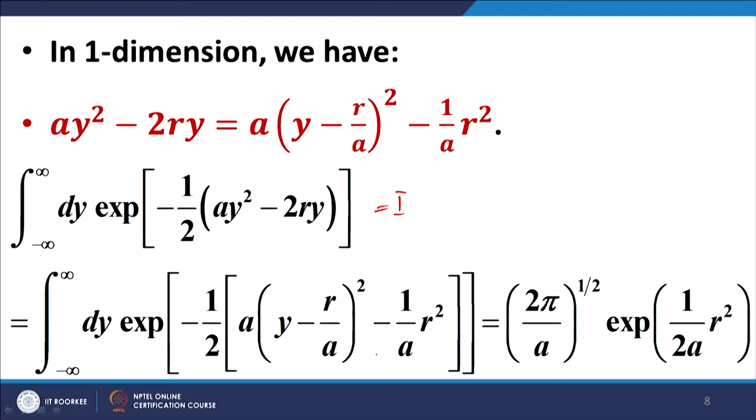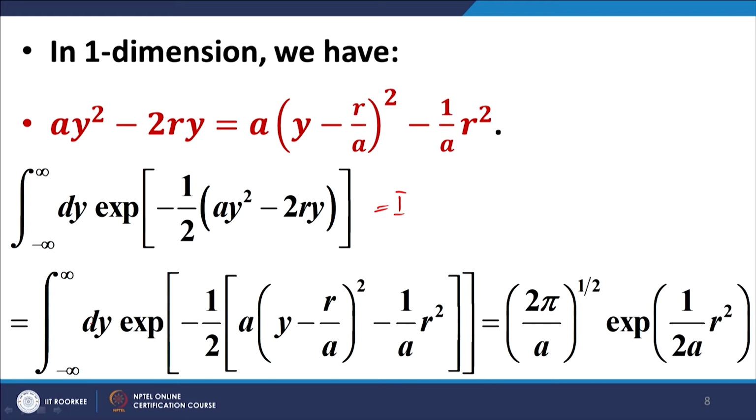Now, look at this carefully. This factor 1 by a r square is independent of y, and therefore, it can be taken outside the integral. And what are we left with? We are left with the integral dy exponential of minus 1 by 2 a into y minus r by a whole square. Recall, this is of the same form as the PDF of a normal distribution.